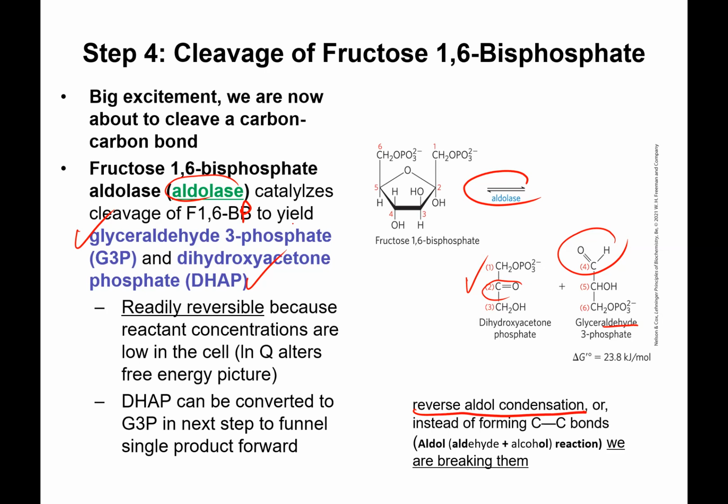So this is readily reversible by virtue of reactant or product concentrations. And we're also going to see that DHAP does not make the cut when we go to the payoff phase. All of it is going to be isomerized to G3P, and that's the 3-carbon molecule that's going to be funneled to the payoff phase of the glycolysis reaction.